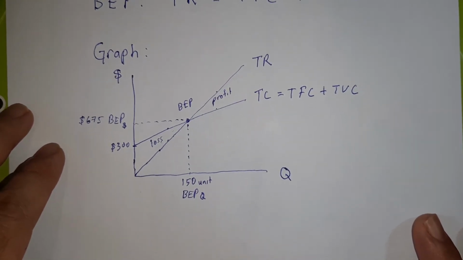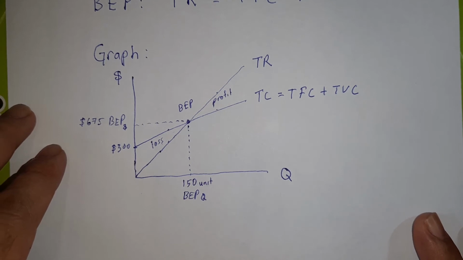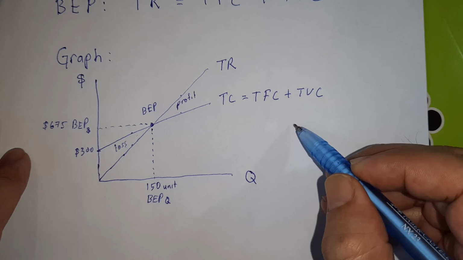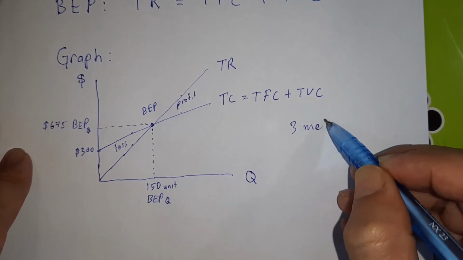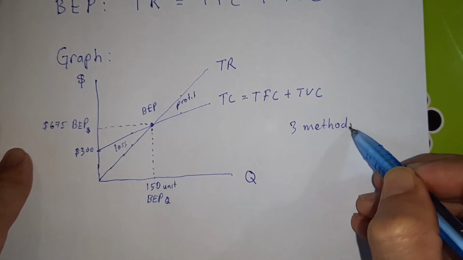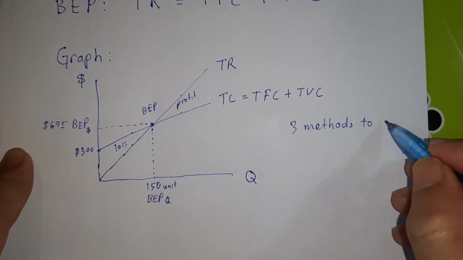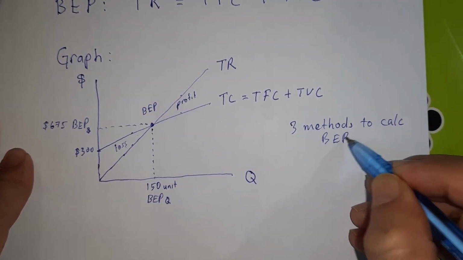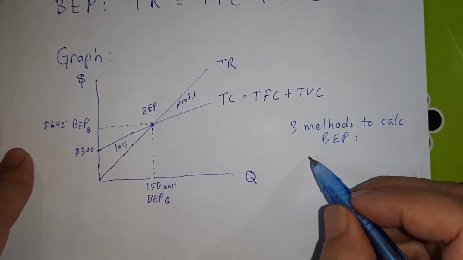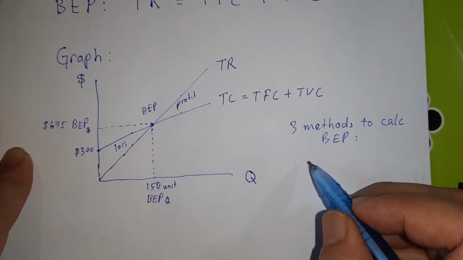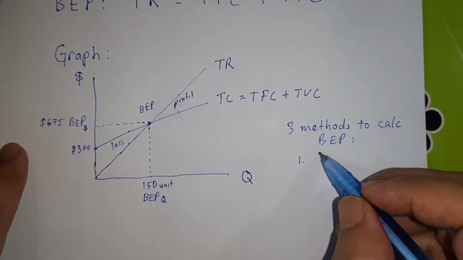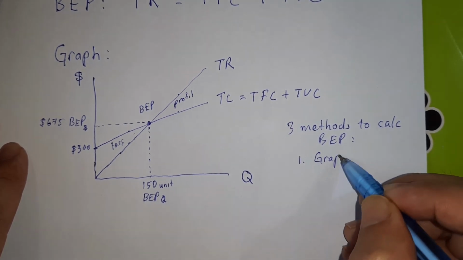There are at least 3 methods that you can use to calculate the break-even point. Okay, the first method is the graphical method.